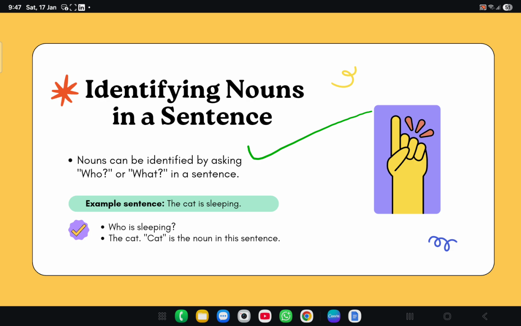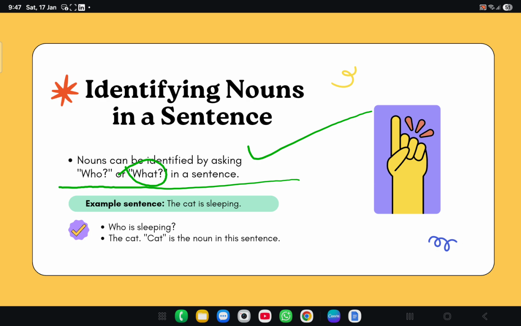Nouns can be identified by asking who or what in a sentence, then we can recognize nouns. Who means we are asking about a person, about living things. And what is always used when we are asking about things, non-living things.